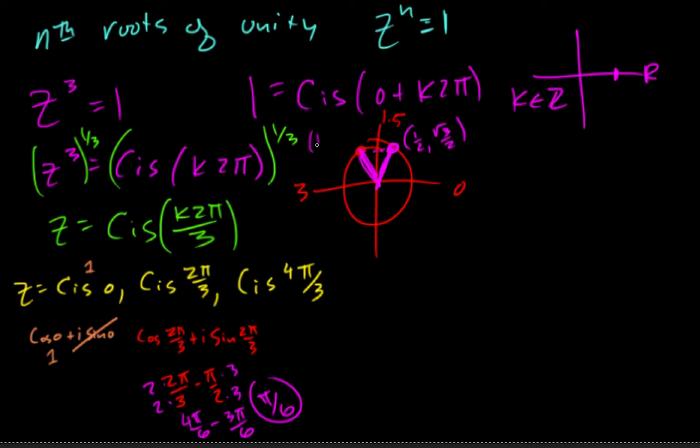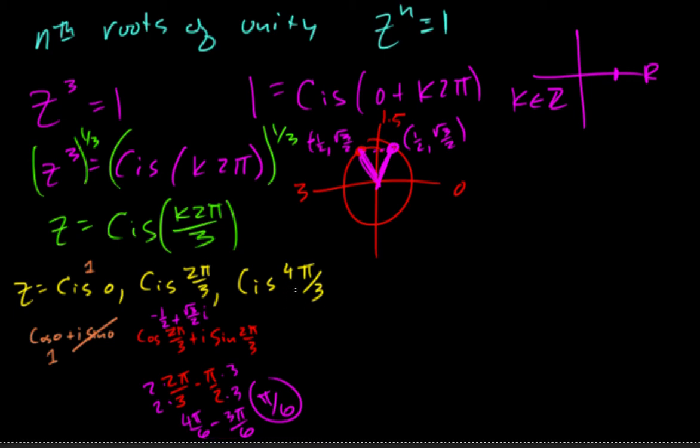And when it's over here, it's 1/2, square root of 3 halves, but the x is negative. And so this becomes negative 1/2 plus square root of 3 halves i. So that's what this one became.